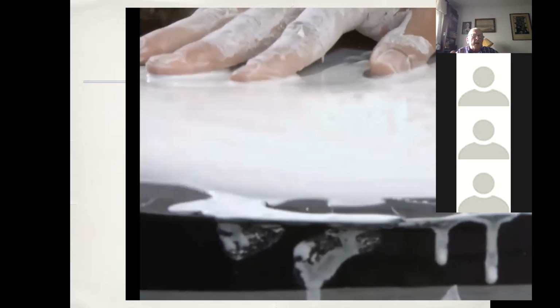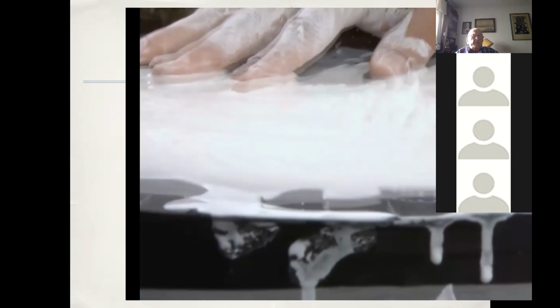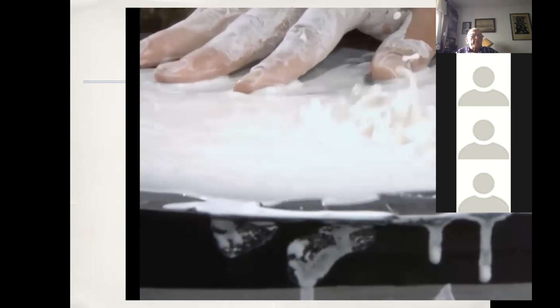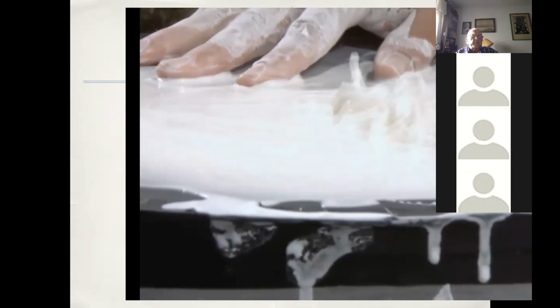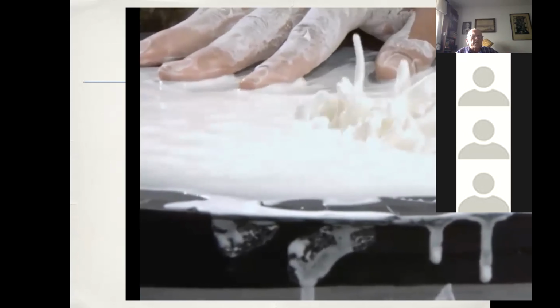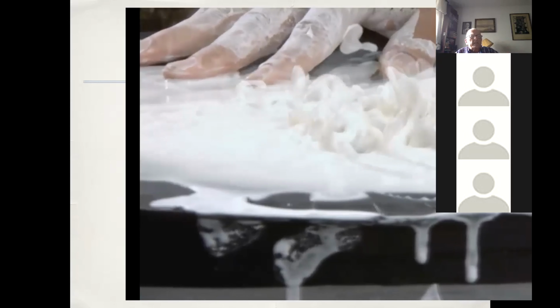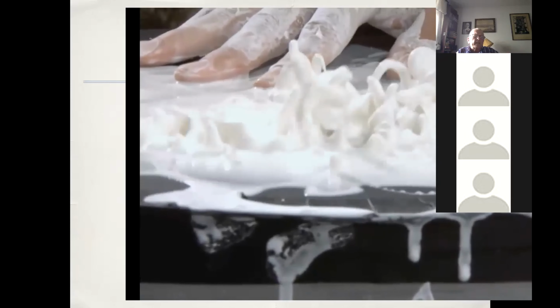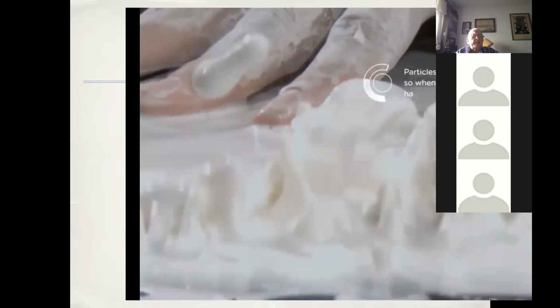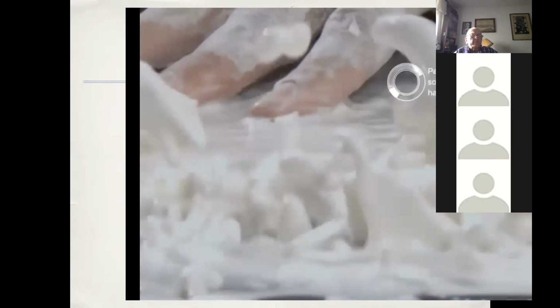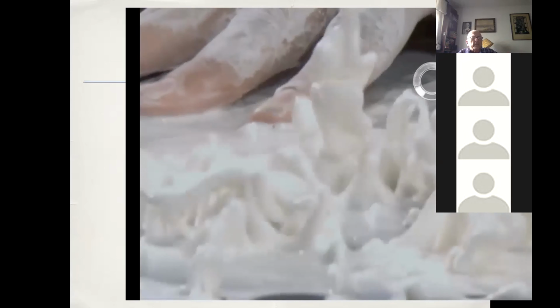Now we have a vibration, and as you see, it vibrates like a membrane, because these are low frequency vibrations. If the frequency becomes higher, it starts to develop droplets like a liquid.